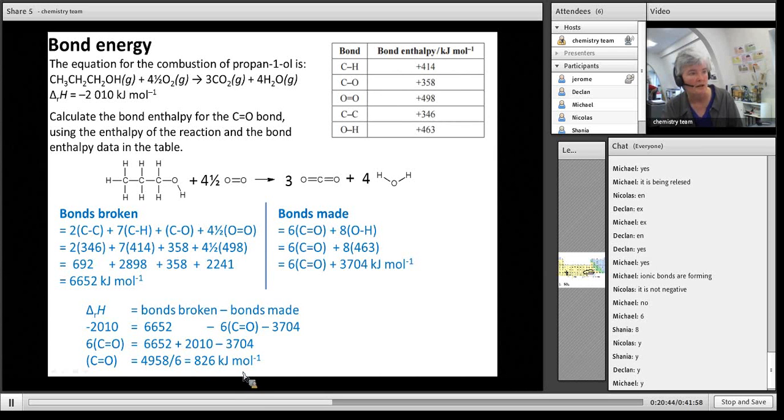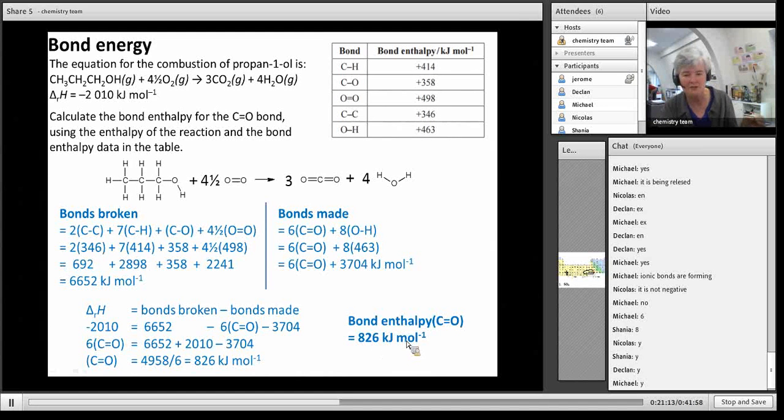Okay, and it's a reasonable amount, because double bonds are higher than single bonds. You can see this double bond's the highest, so you would expect it to be a higher bond. Okay, then it's always a good idea to write the final step. So bond enthalpy of the C double bond O is equal to 826 kilojoules per mole.